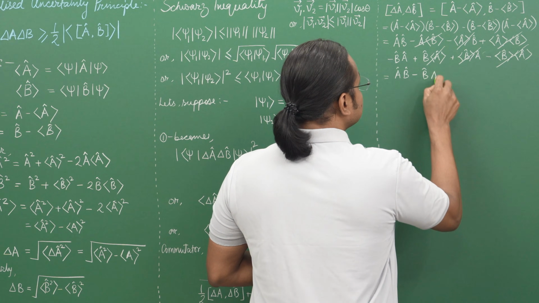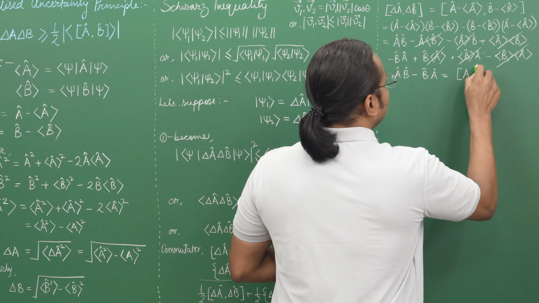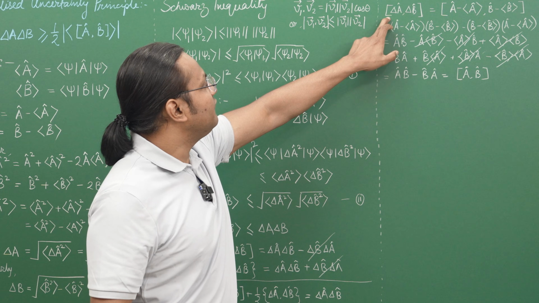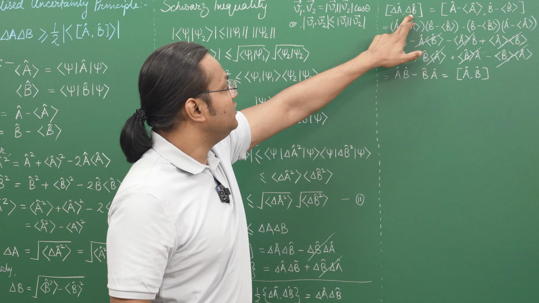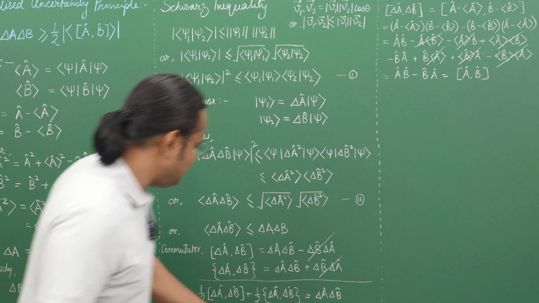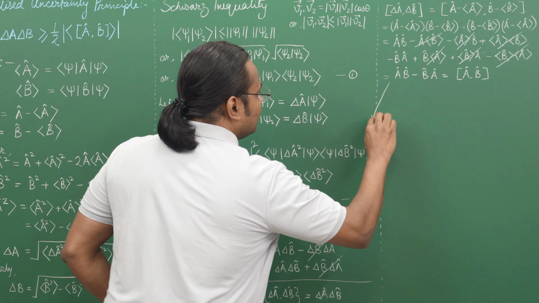But what is this? This is nothing but the commutator of A and B. So the commutator of the uncertainty of A operator and uncertainty of B operator is the same as the commutator of A and B. So I can substitute this here. So let's do that quickly, okay? So I'm going to substitute this here.